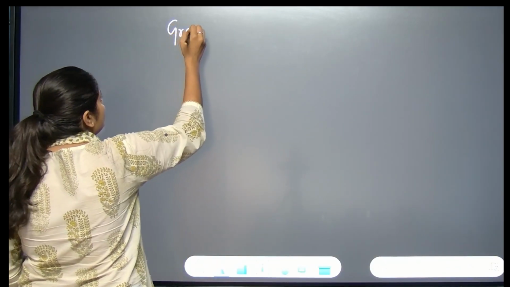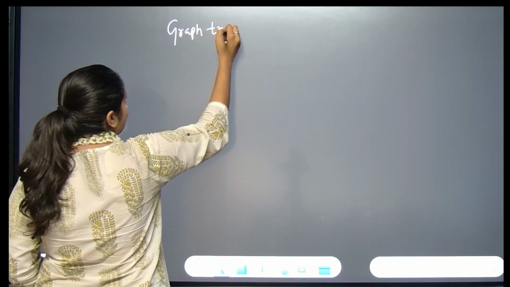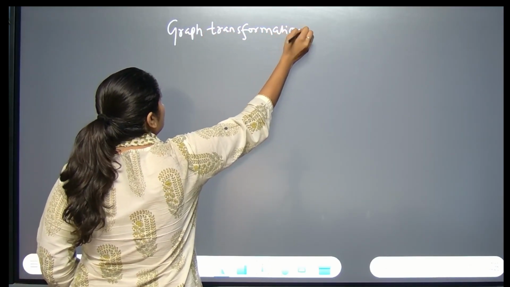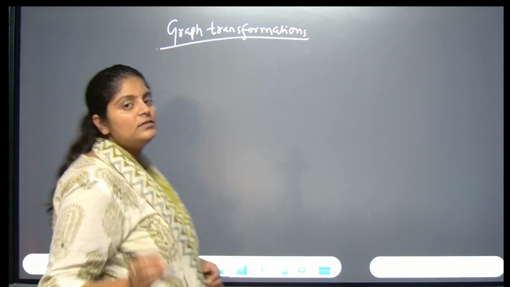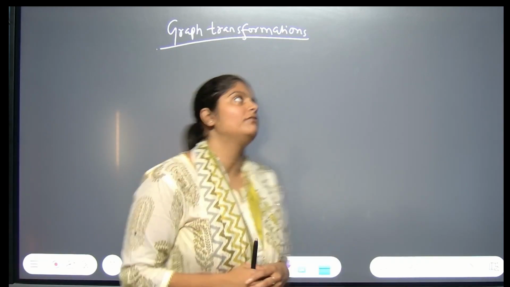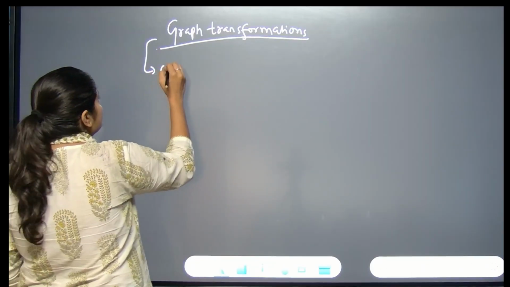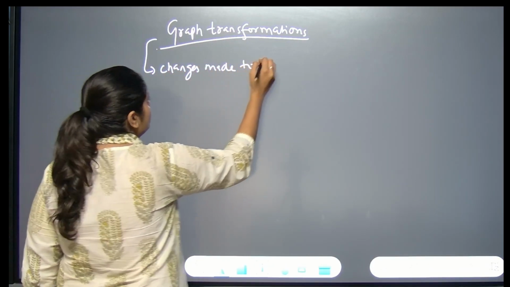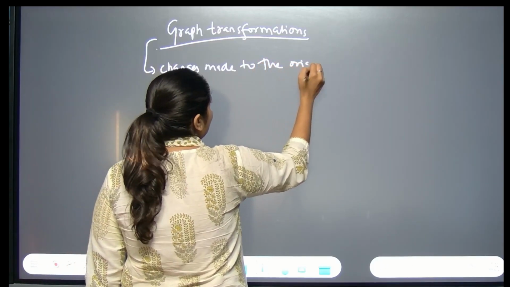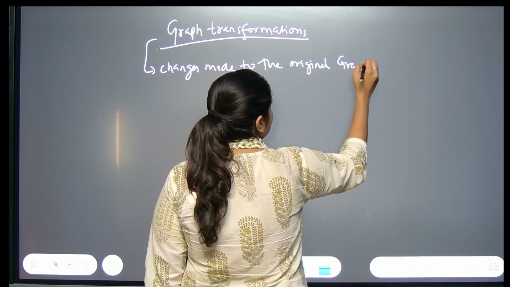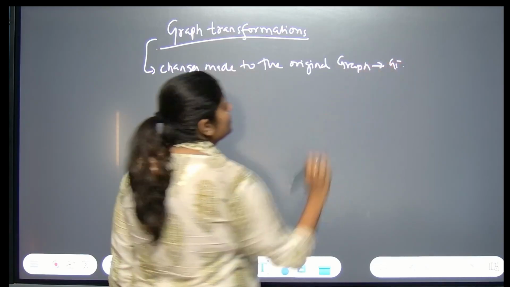It's graph transformations. So what are graph transformations? Graph transformations are the changes made to the original graph. Changes made to the original graph are known as graph transformations, right?